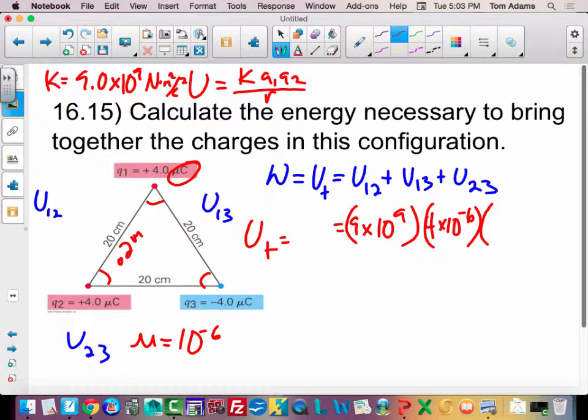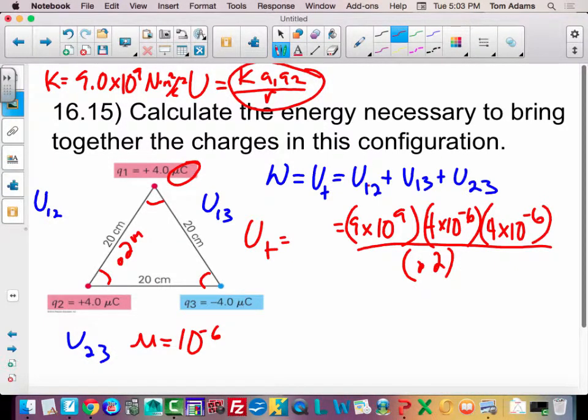If we do 1, 2, it would be 4. Oh, they're the same. Okay. 4 times 10 to the negative 6. Okay, that's the first one, divided by 0.2 meters. Okay, so that's this right here. I'm just plugging in the stuff, except I'm doing charge 1 and charge 2. Okay, so the next one, that's plus.